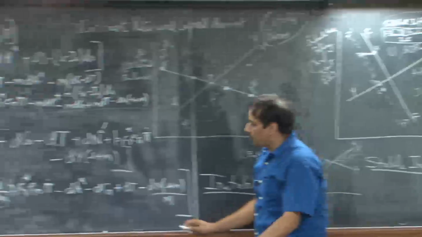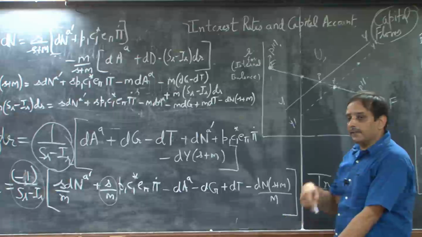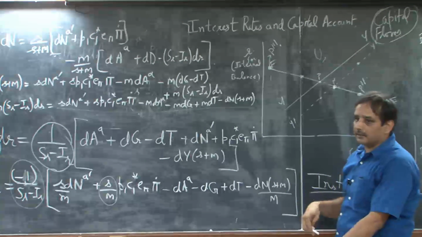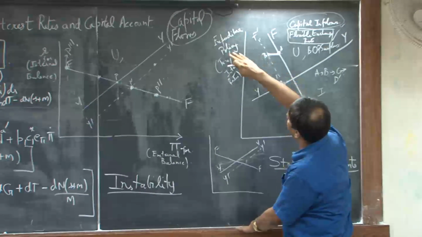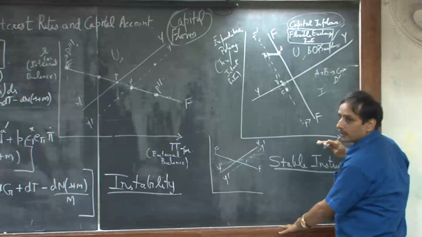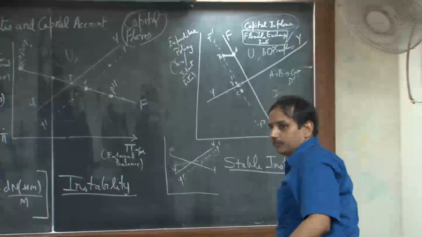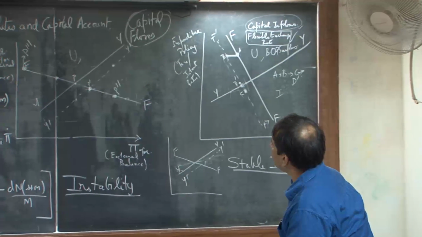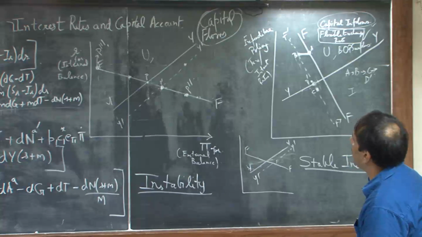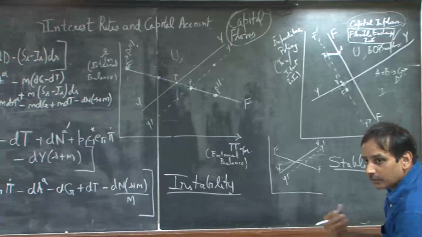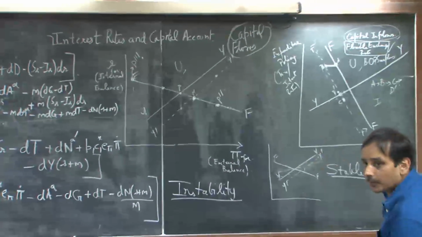Okay, so tomorrow we'll bring in capital flows, we'll replace this by dk, and then we'll express k as a function of interest rates, and then we'll bring in another diagram where you will have monetary policy for external balance, fiscal policy for internal balance. Both, because we've brought in the capital account, and we are saying that because it's an open economy, it's inviting capital from abroad.